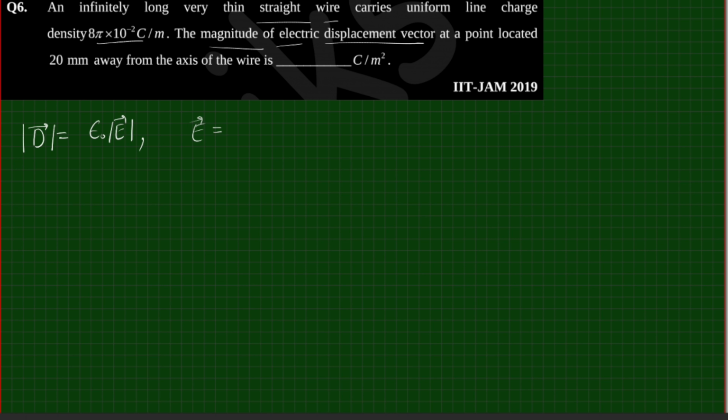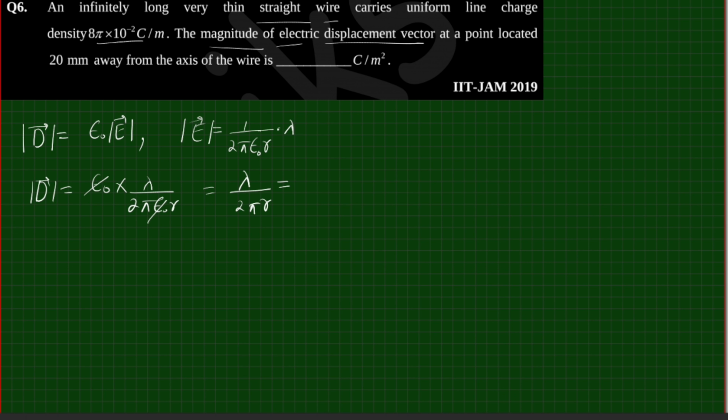E magnitude is given by 1 upon 2 pi epsilon naught r multiplied by lambda. So the magnitude of D will become epsilon naught multiplied by lambda over 2 pi epsilon naught r, and epsilon naught will cancel out, and this will become lambda over 2 pi r.